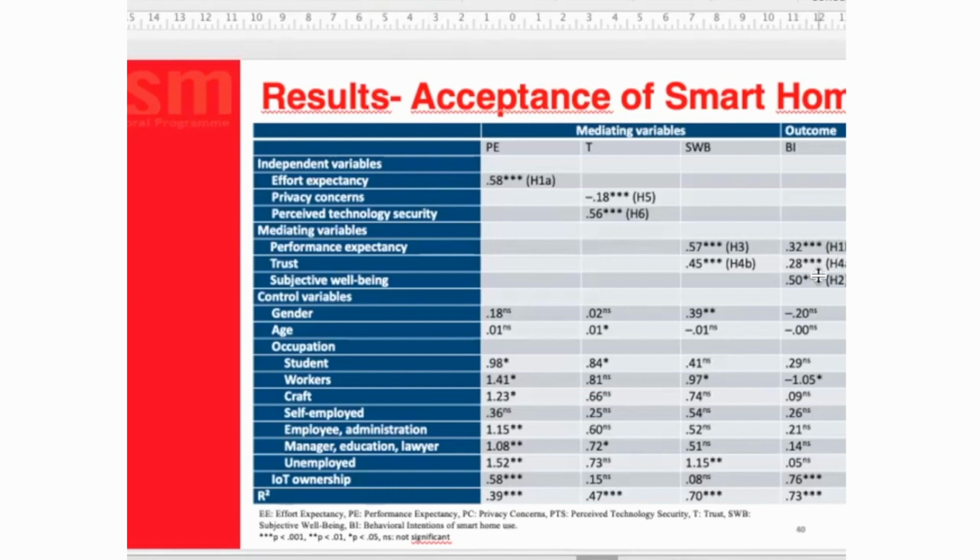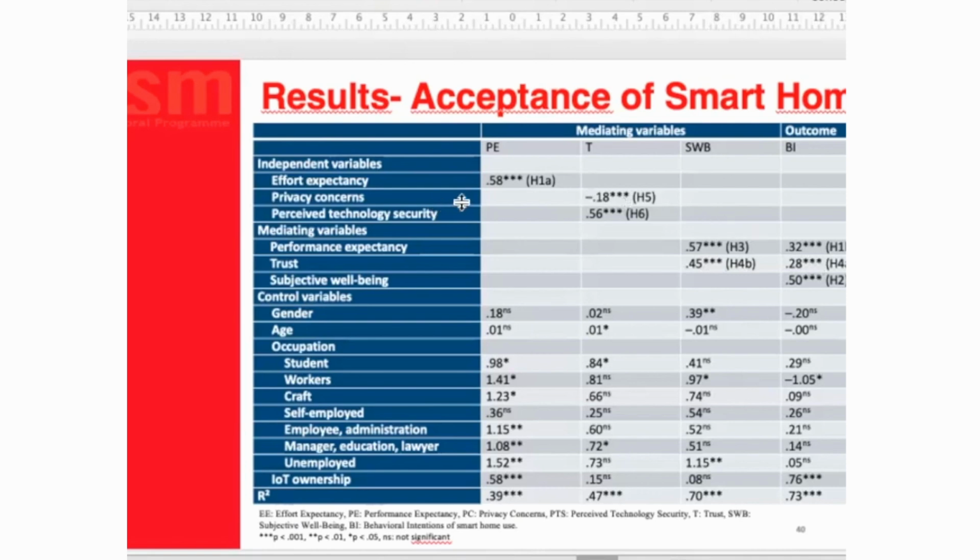You can see that subjective well-being, in line with our hypothesis, impacts positively behavioral intention to use smart homes. You can see that performance expectancy impacts subjective well-being highly positively and highly significantly. So at the 0.001 level, trust positively and highly significantly impacts subjective well-being, and subsequently behavioral intention to use.